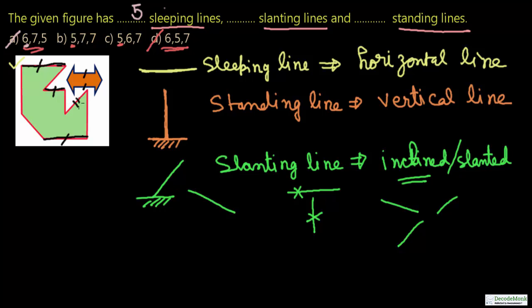This is an inclined line. You can see this is neither straight nor standing, so this is an inclined line. 1, 2, 3, 4, 5, 6, 7. So we can very comfortably write that 7 slanting lines are there in the given figure.